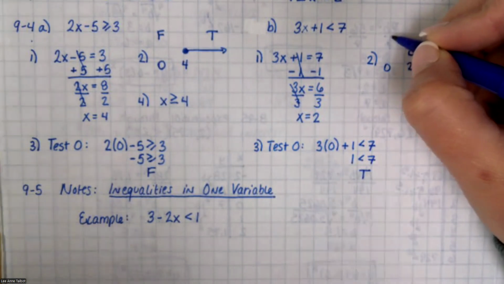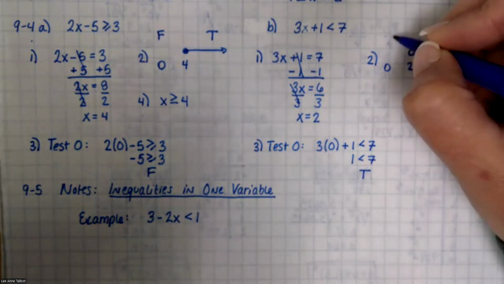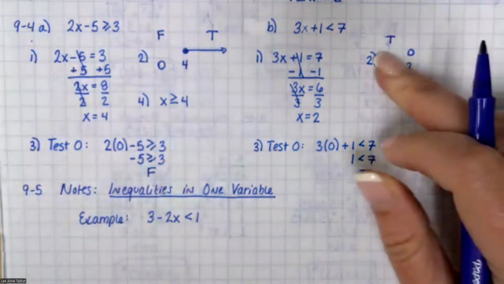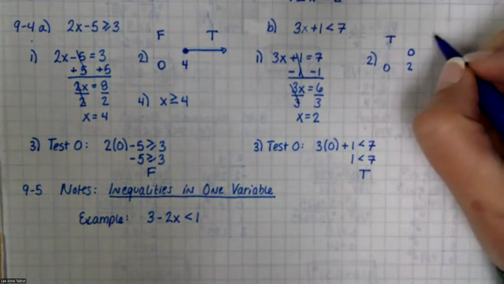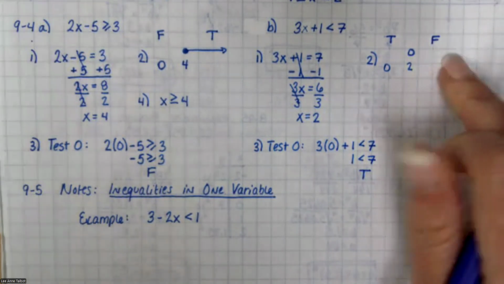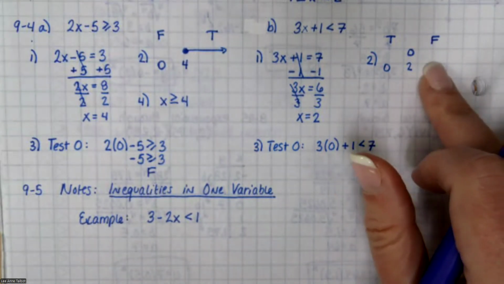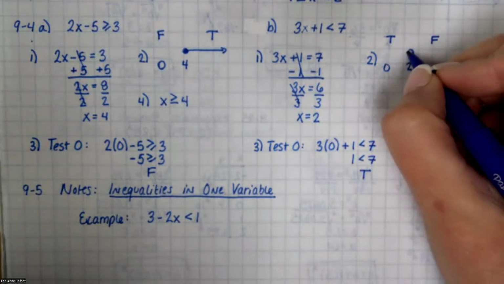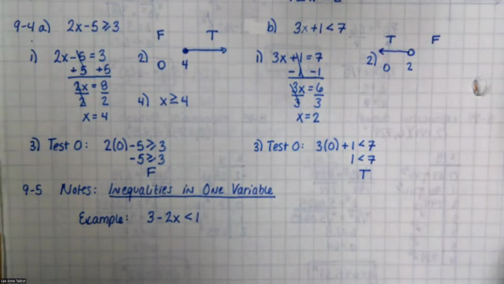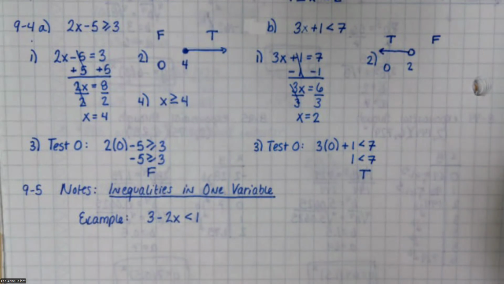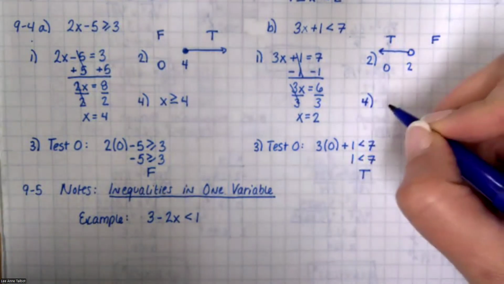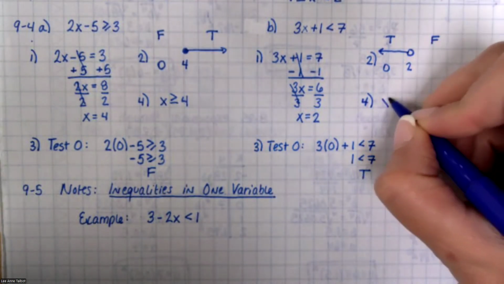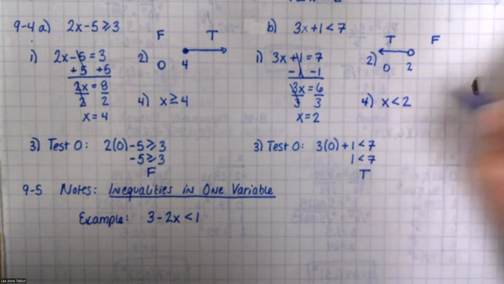So, my thumbs up. Yes, perfect. Okay, so that means this time, the left side of the number line is true, and the right side of the number line is false. So that means my arrow is going to go this way because we want to know where the answers actually are, not where they're not. And then final answer, x is less than 2.